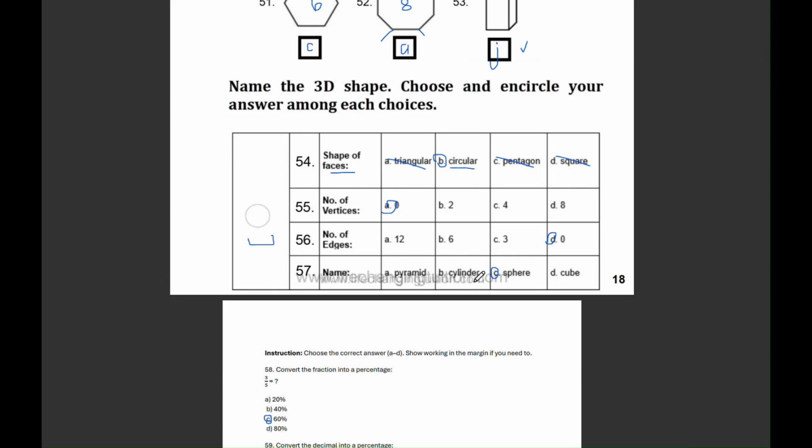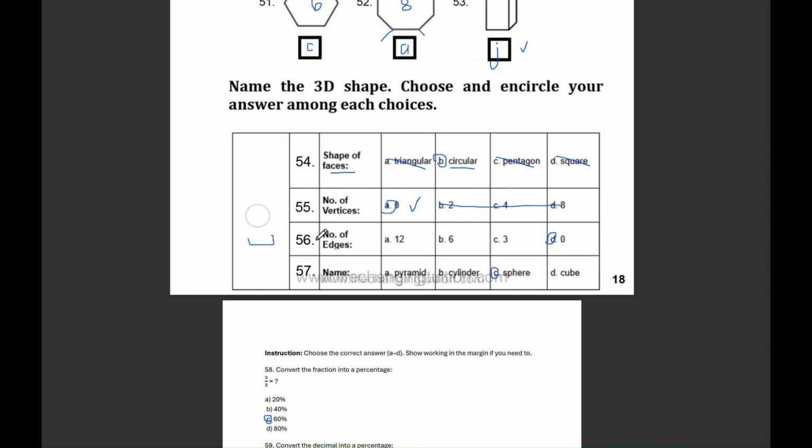All right, number 55. Number of vertices of a sphere. Options: A, 0, B, 2, C, 4, D, 8. Why not? A sphere has no corners. Answer: A, 0. Reason: no vertices.